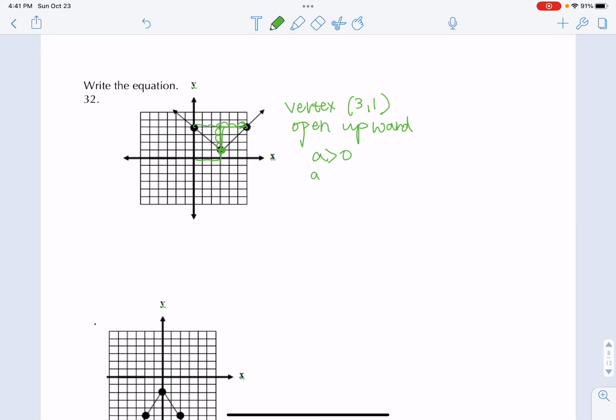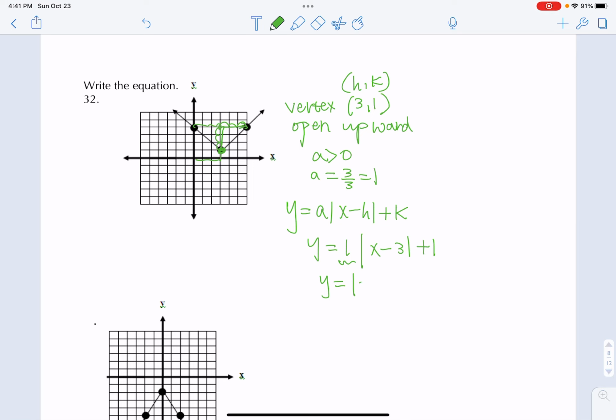So the slope will be 3/3, which means 1. So we can say y = a|x - h| + k, with a as 1. So y = 1 times the absolute value of x minus h, k being the vertex, x minus 3, plus 1. We don't have to write 1 as a number, so y = |x - 3| + 1. This is the absolute value equation from the given graph.